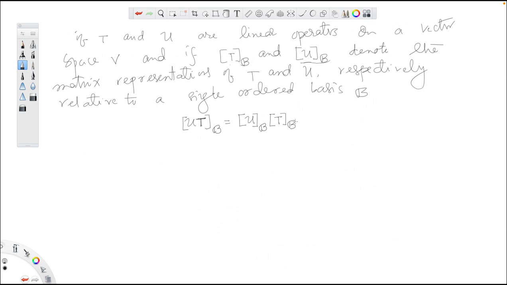Okay, so on the left side is a matrix, right, and on the right side is a product of matrices.